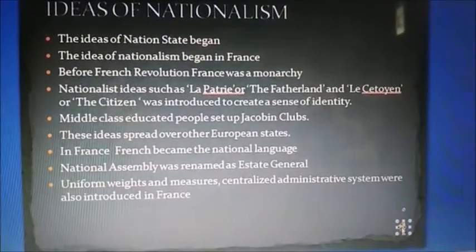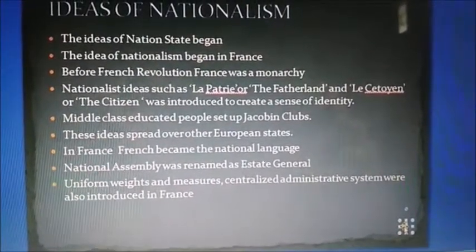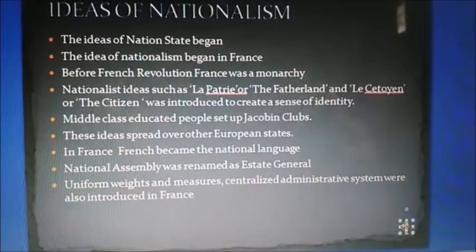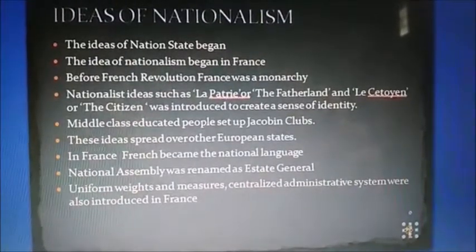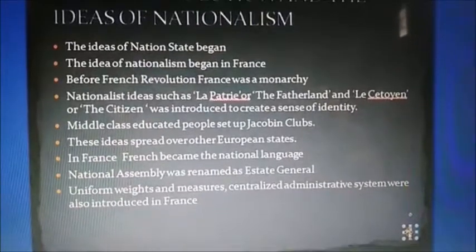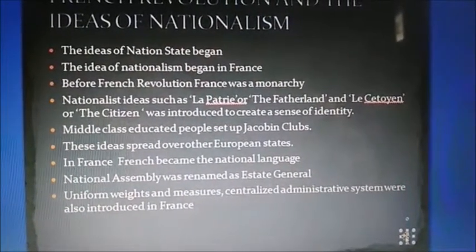In France, French became the national language after the French Revolution. Now, the country which was under monarchy, that is under Louis XVI, had now turned into a democratic country where every citizen was considered important and equal before the law.